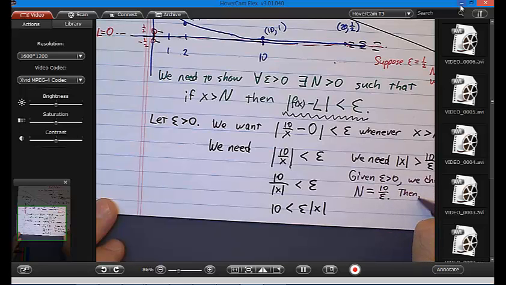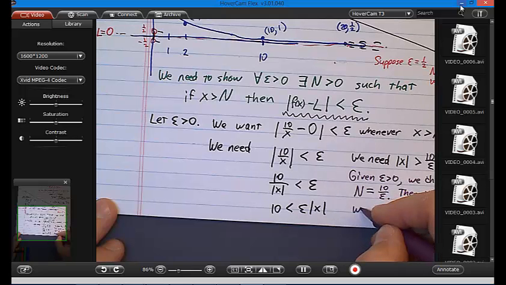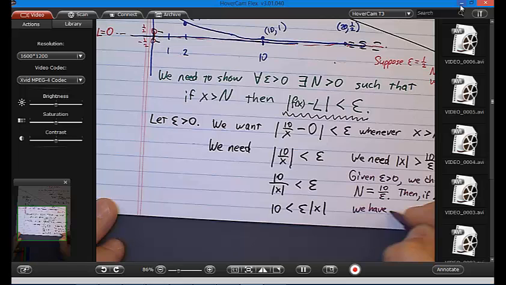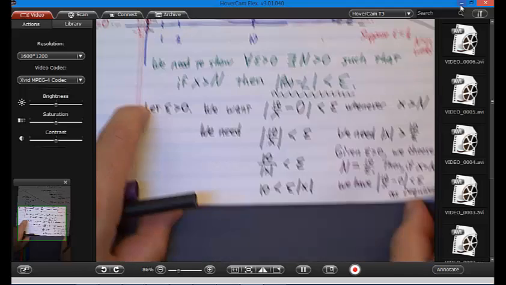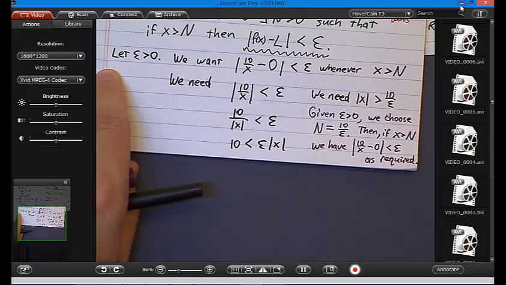Then, if x is bigger than capital N, we have absolute value of 10 over x minus 0 is less than epsilon as required. Yeah, and I got to show it to you a little bit more.